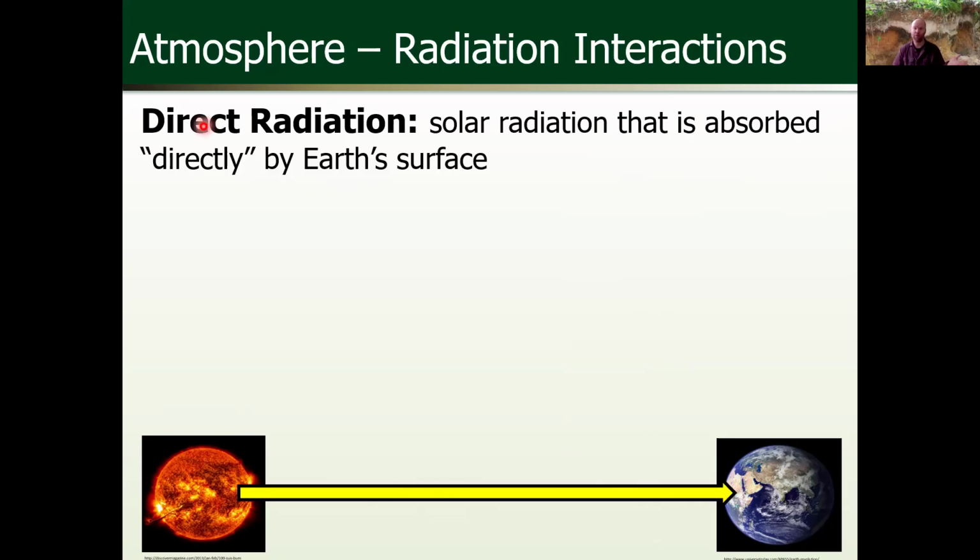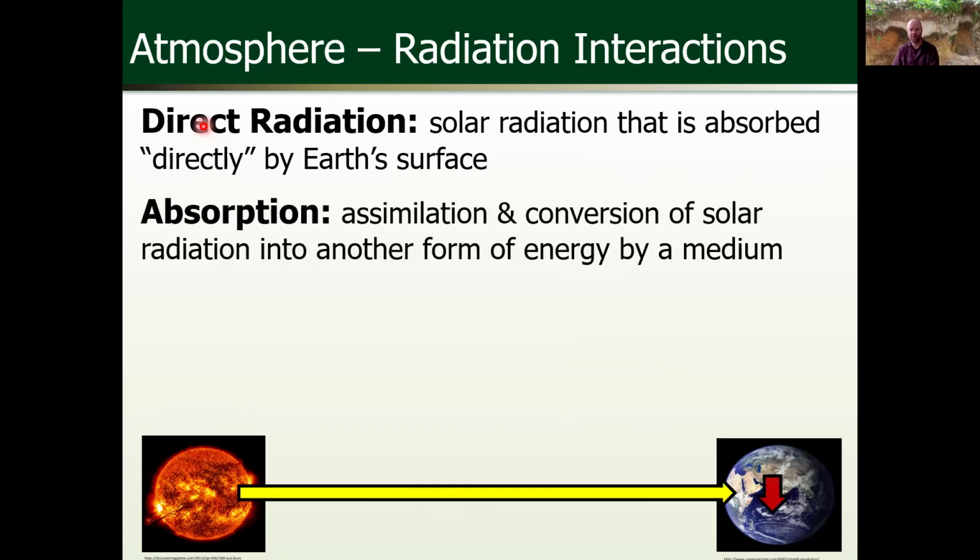And so that is what we refer to as direct radiation. However, a proportion of that solar constant, that amount of energy from the sun, is absorbed. And so this is a form of assimilation. That shortwave radiation is stored within the atmosphere, and then it is re-emitted in another form of energy by a medium, being our atmosphere.